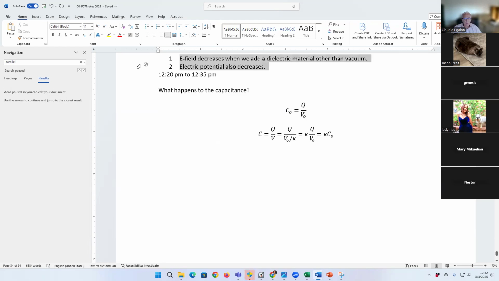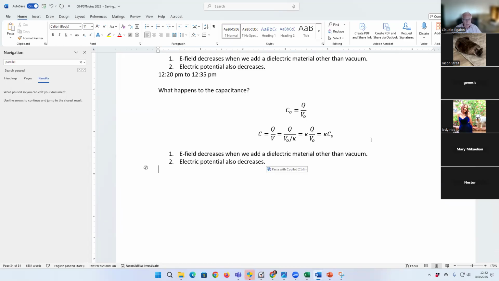A capacitor, the field decreases. There you go.